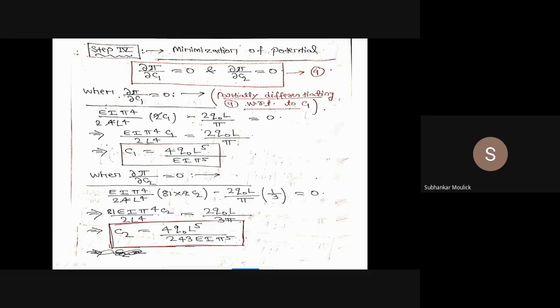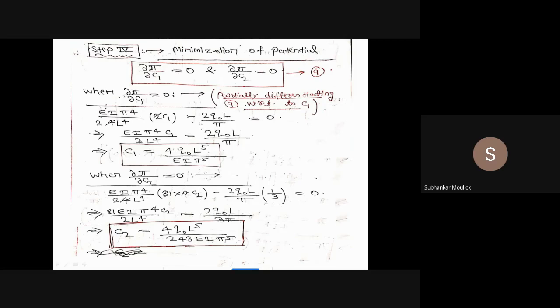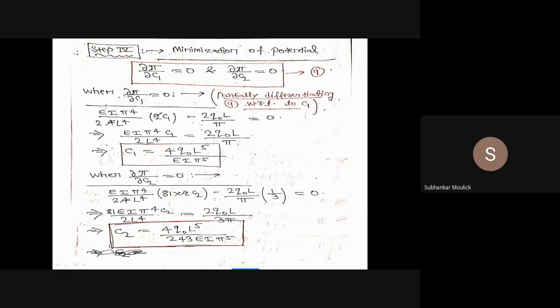If you differentiate equation number 8 partially by C1, you will get the value of C1. That unknown constant value is 4 Q naught L to the power 5 by E into I pi to the power 5. In the second step, if you partially differentiate the potential of the problem by C2, you will get the unknown constant C2.